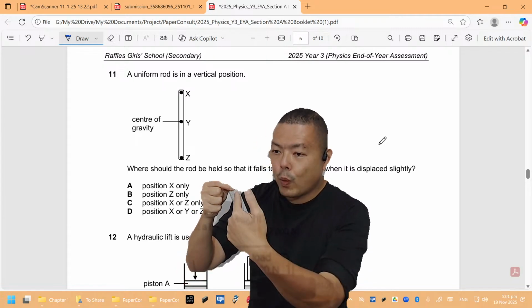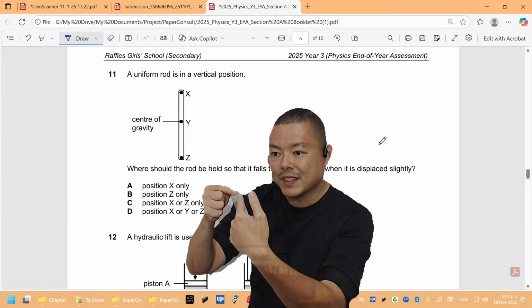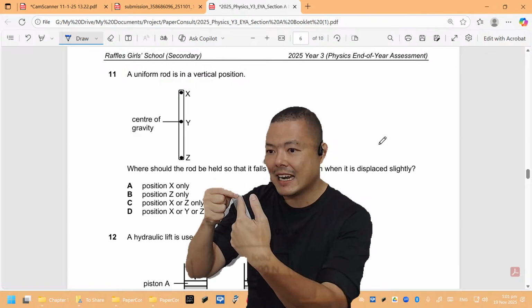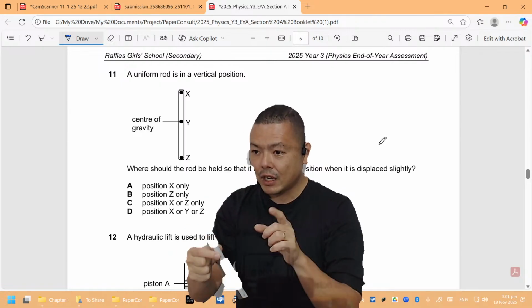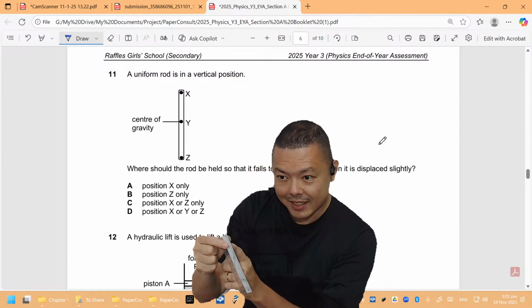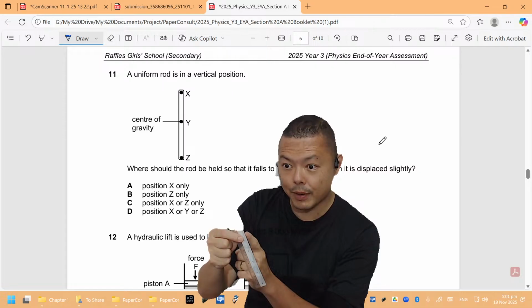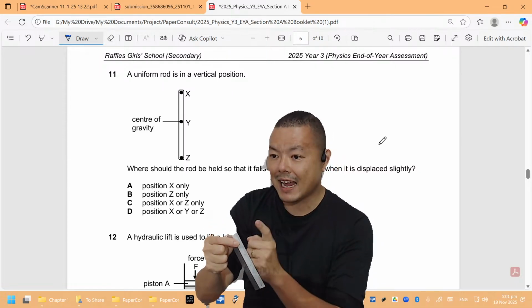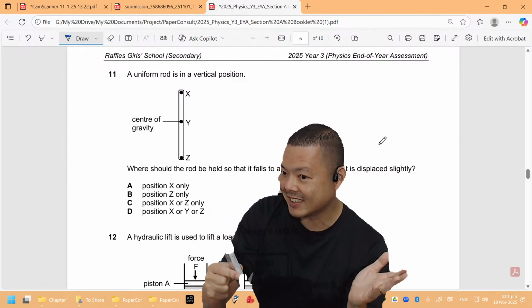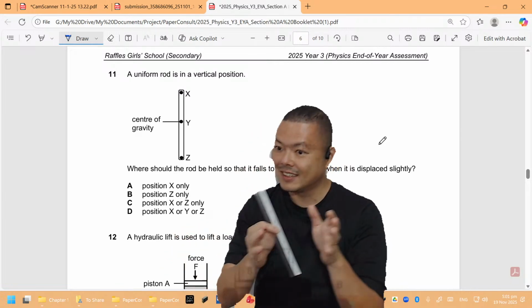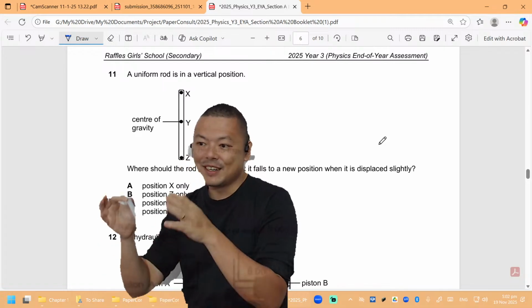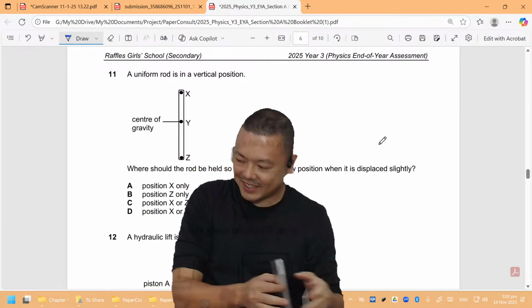Because the weight of the ruler is being pivoted here, it doesn't create any moment, so it can't rotate any further. So remember this: neutral equilibrium will remain at its new position. You get the joke? Neutral equilibrium stays in its new position, all right?